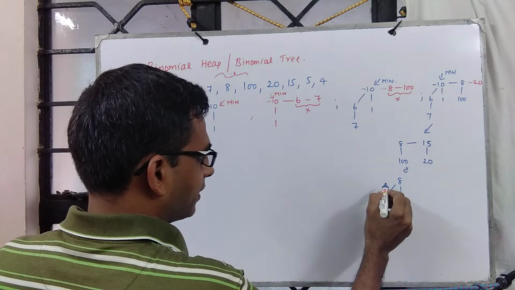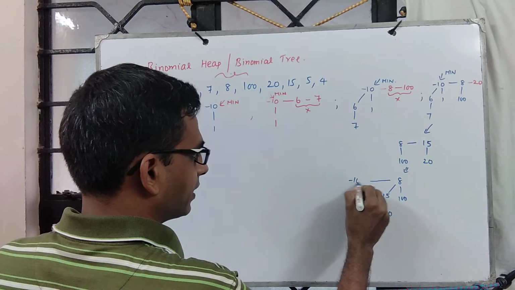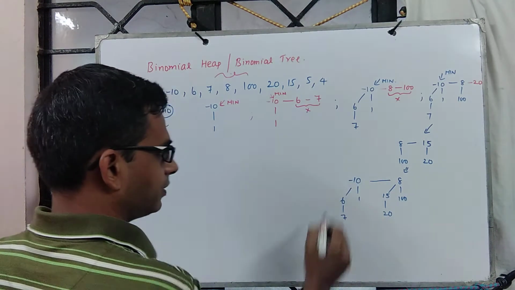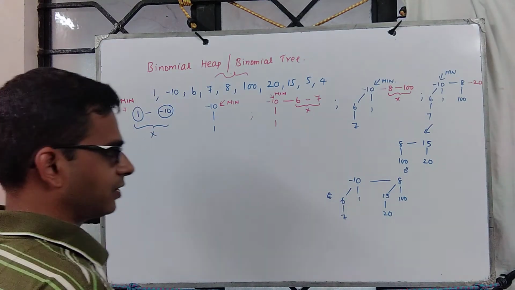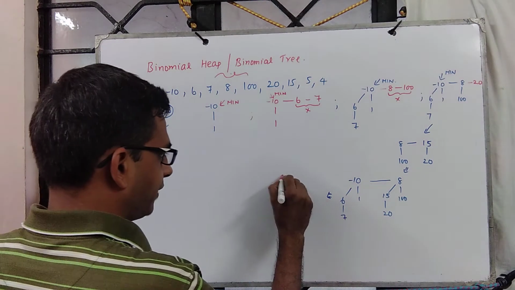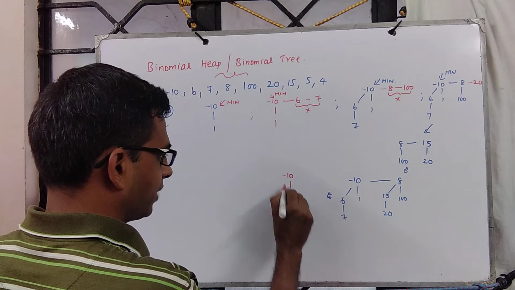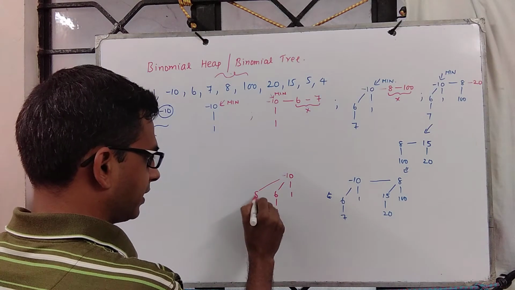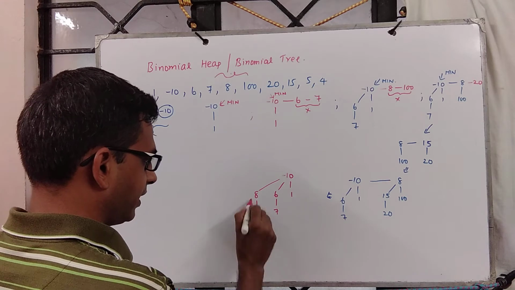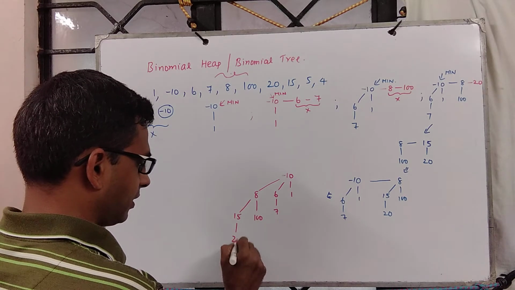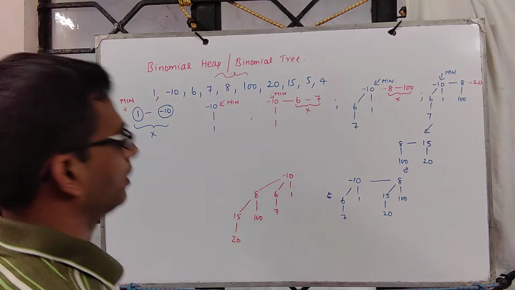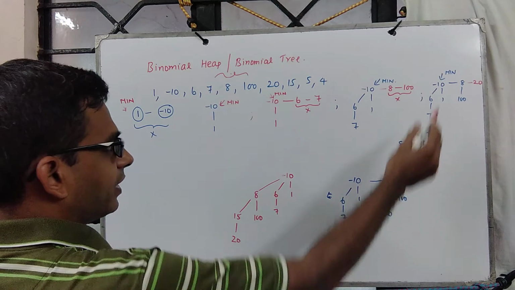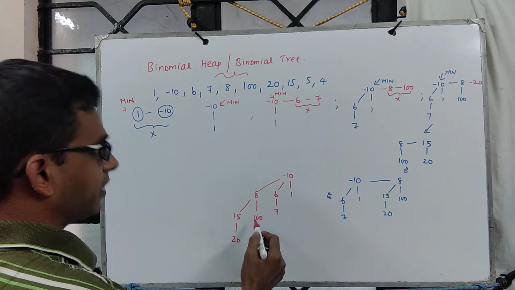Then you have -10, 1, 6 and 7. So on merge we get -10, 1, 6, 7. Then on the other side it's 8, 100, 15 and 20. Subsequently after 20 we added 15, this is what we have.